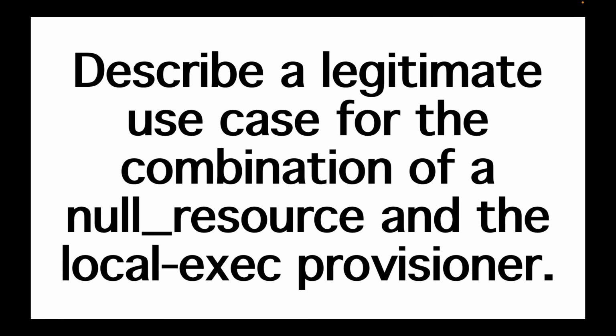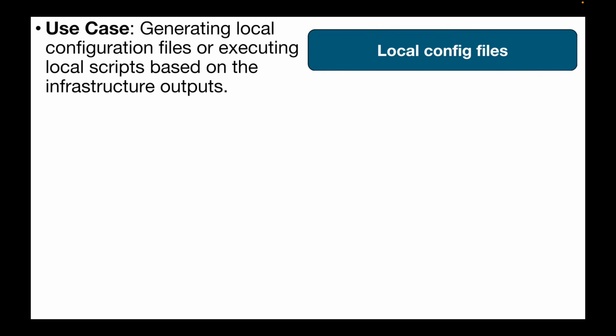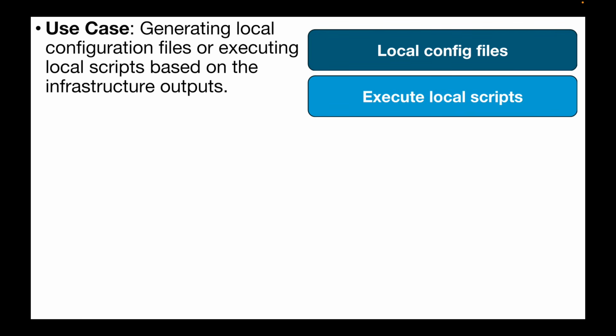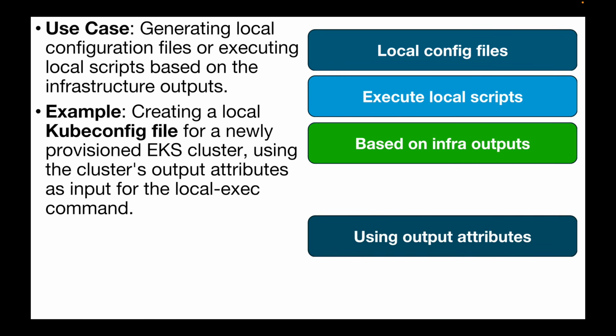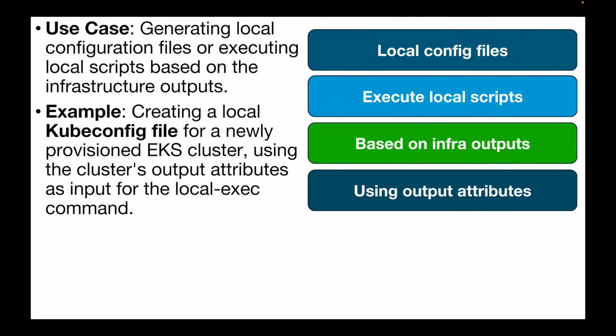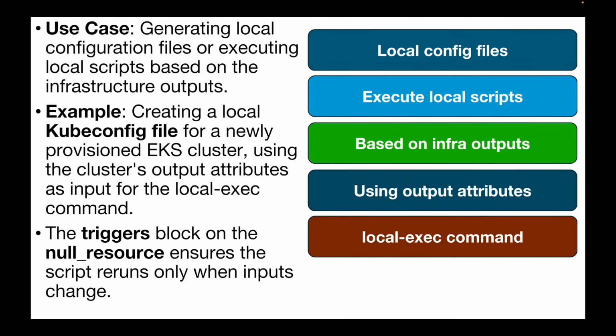The next question we have is, describe a legitimate use case for the combination of the null_resource and the local-exec provisioner. The use case would be when you want to generate local configuration files, or you want to execute local scripts based on the infrastructure outputs. An example could be creating a local kubeconfig file for a newly provisioned EKS cluster, using the cluster's output attributes as input for the local-exec command.